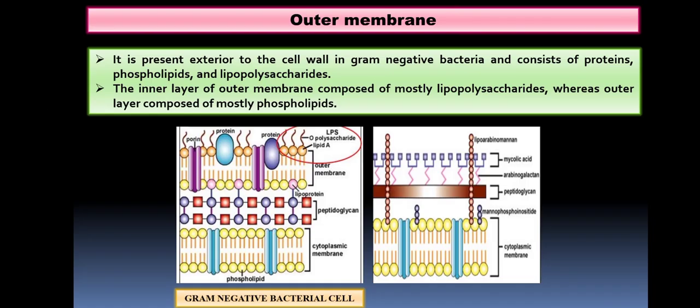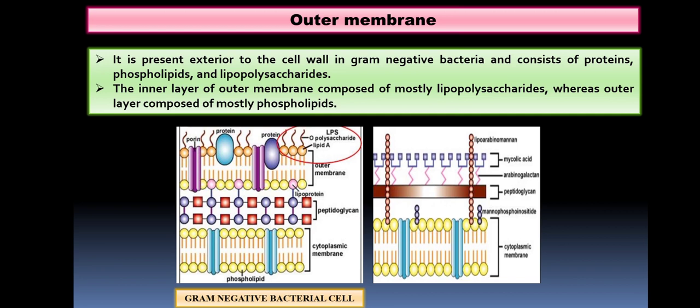Next is the outer membrane. It is present exterior to the cell wall in gram-negative bacteria. In gram-positive bacteria, it is absent. In gram-positive bacteria, the cell wall is the outermost layer, whereas in gram-negative bacteria, another layer is present next to the cell wall, the outer membrane.